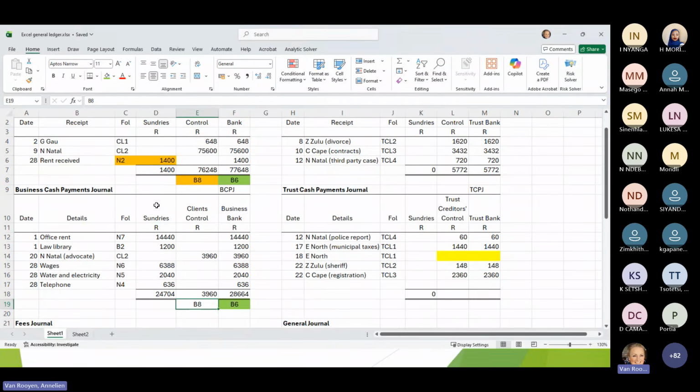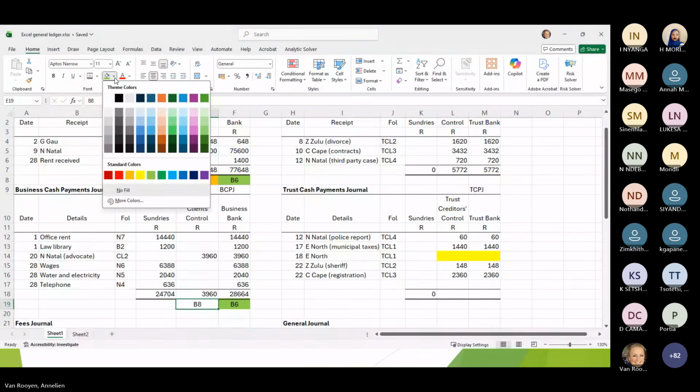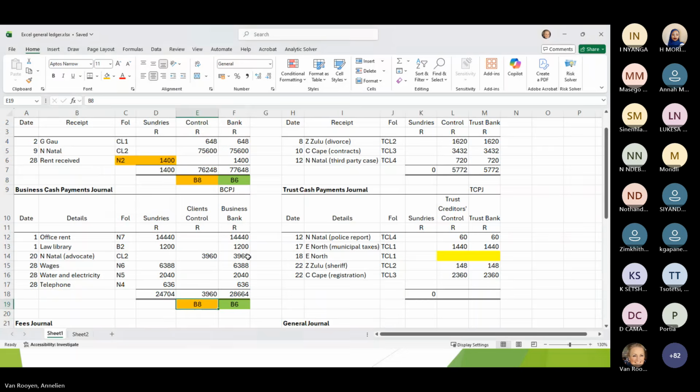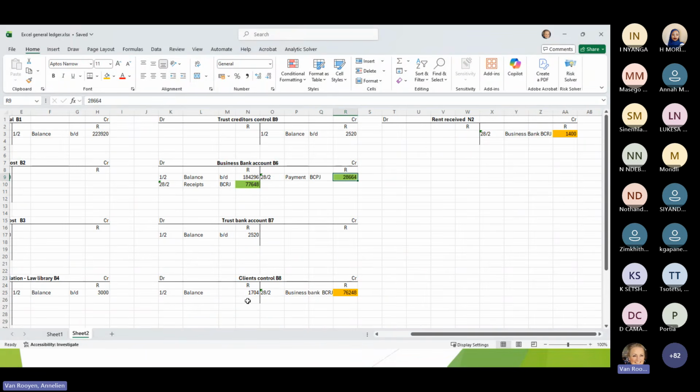This again goes to the client's control, 3960. If this was a credit, this must be a debit.